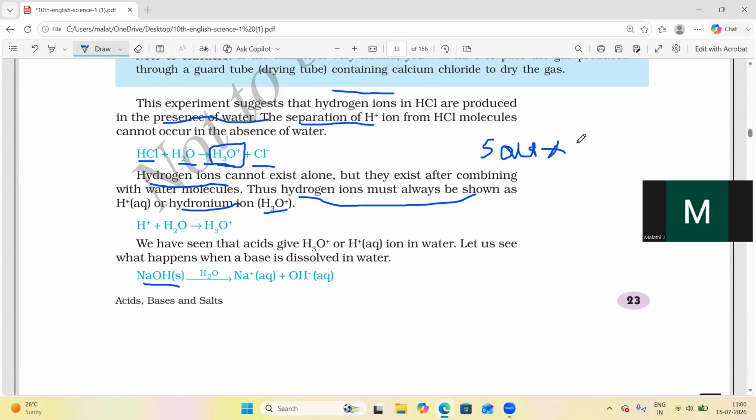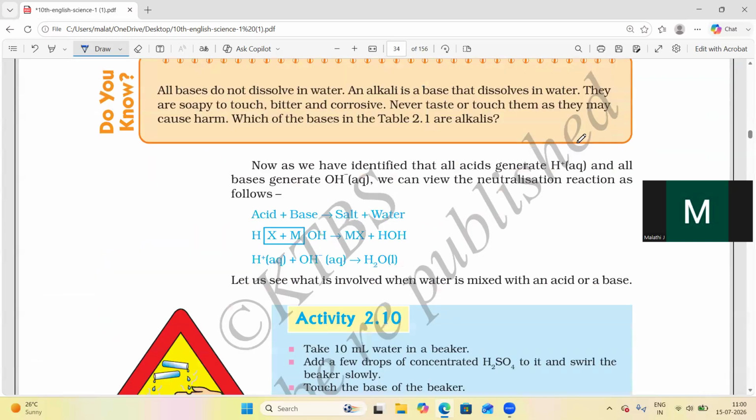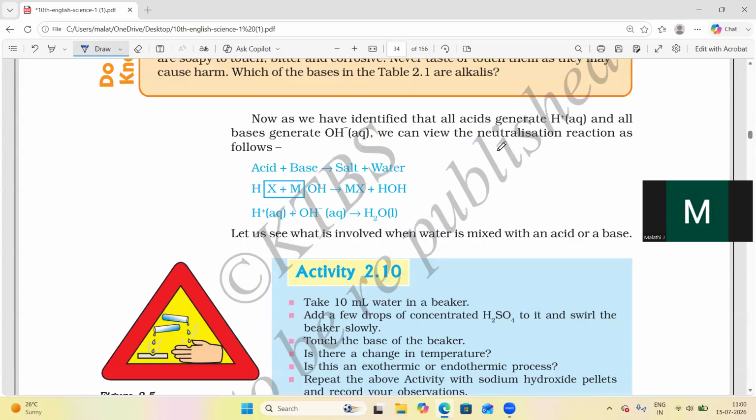So if you take a salt, it will not conduct electricity. When it is dissolved in water, then only are ions produced and electricity conducted.